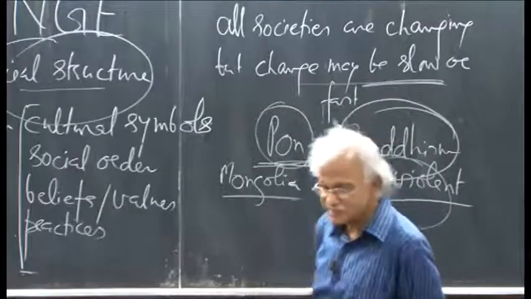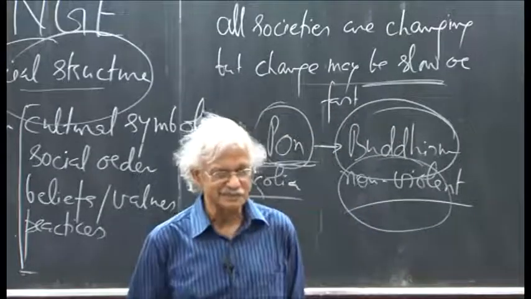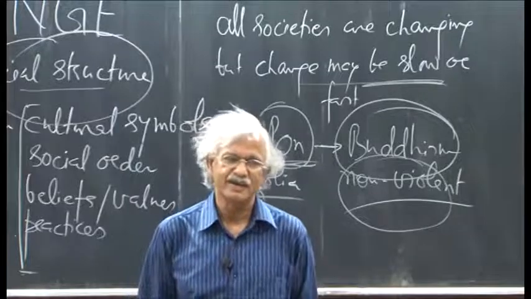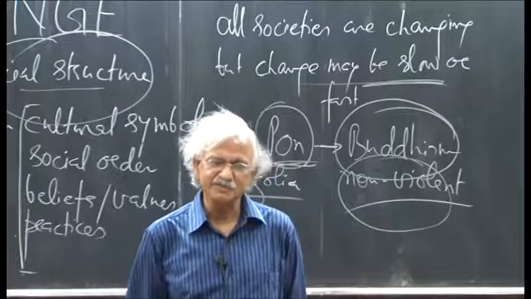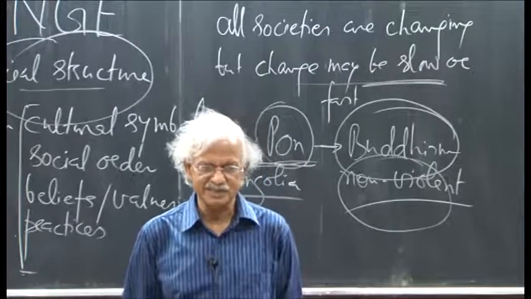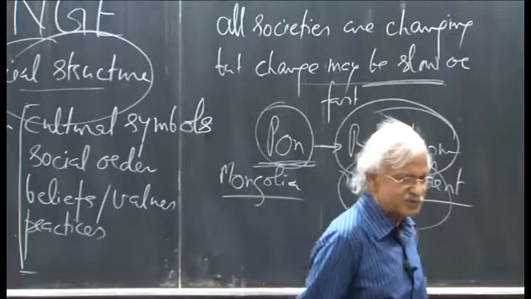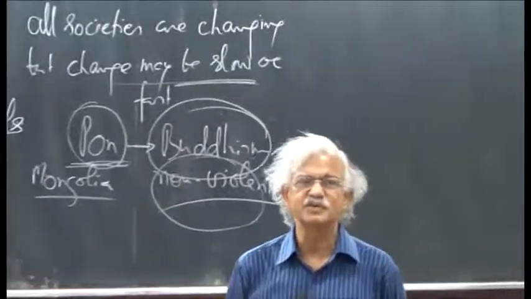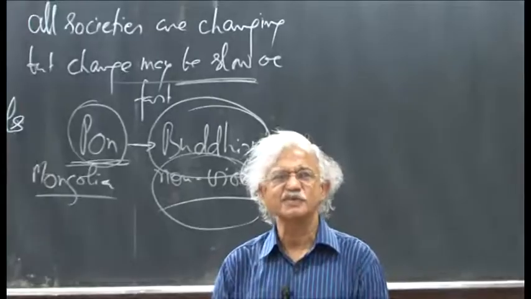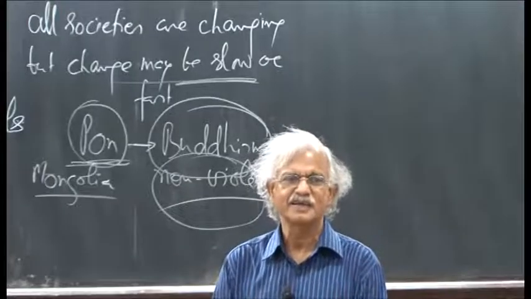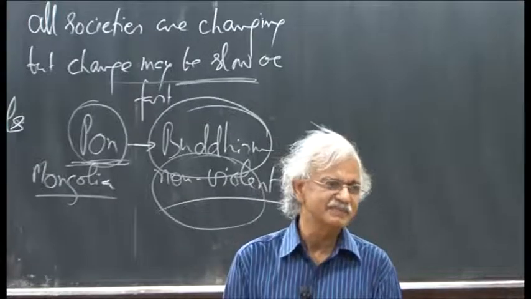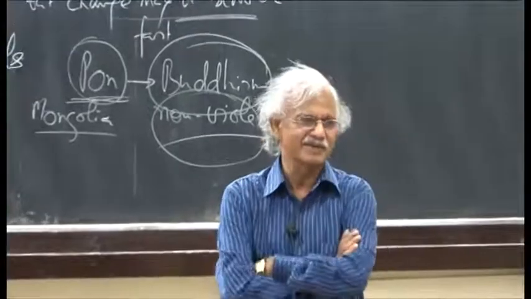There was another Buddhism, Tantric Buddhism, which also believed in gods and goddesses, but it was sort of a combination of Buddhism and Hindu religion practiced in Assam and Bengal.